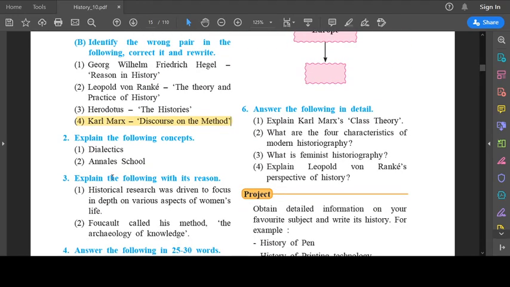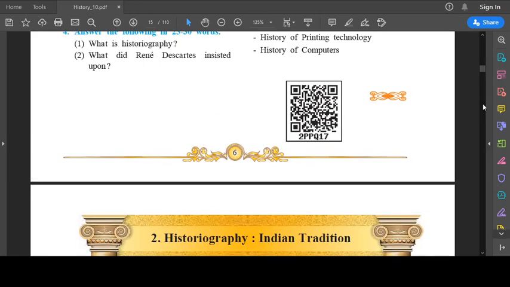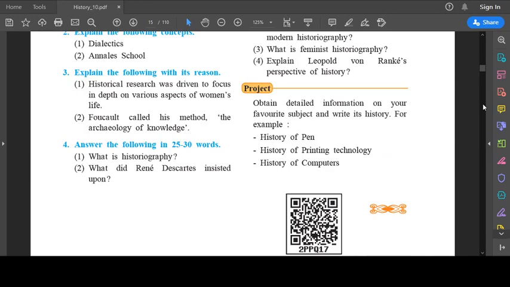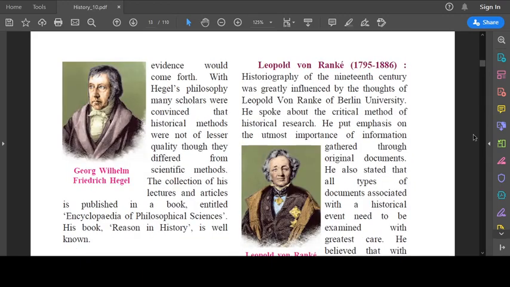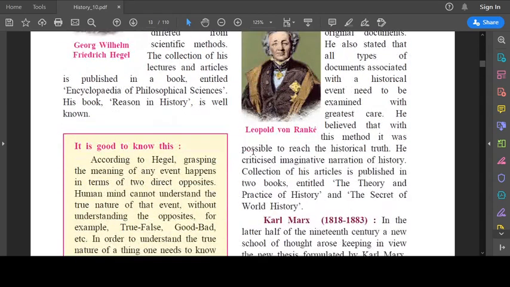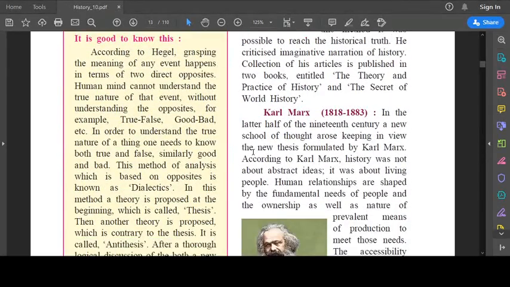Question number 2. Explain the following concepts. The first one, dialectics. Now for this answer, I want you all to go to page number 4. So the answer is here in the box, left hand side, yellow color box.